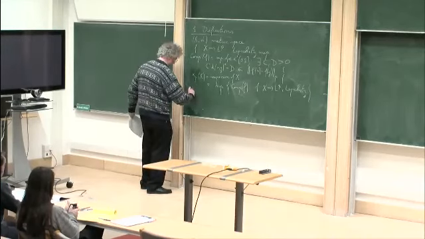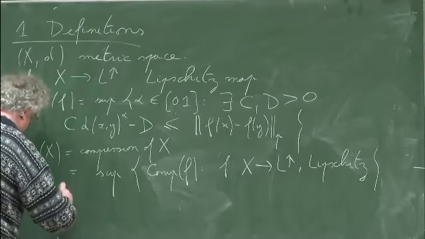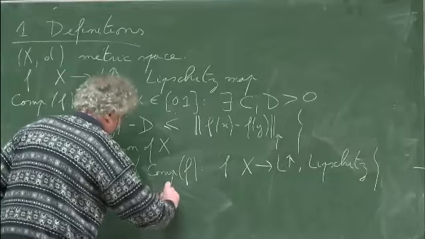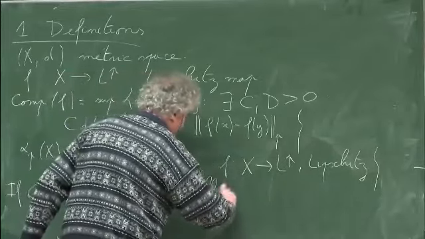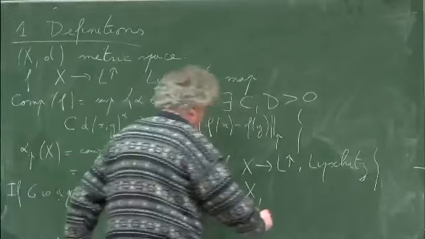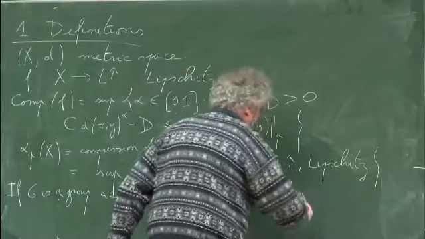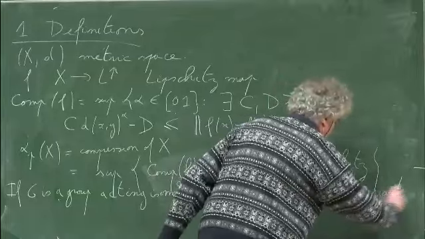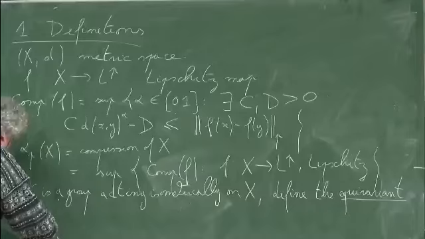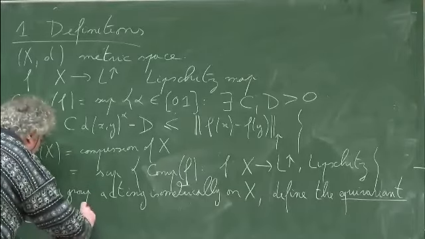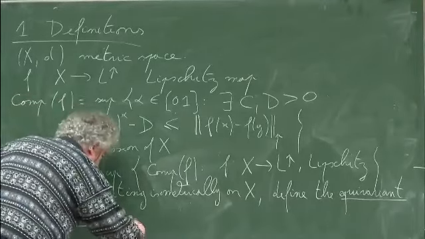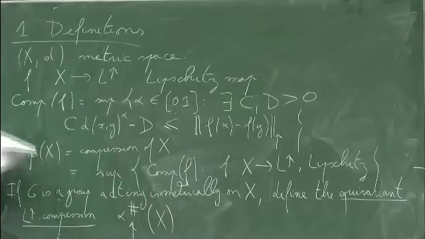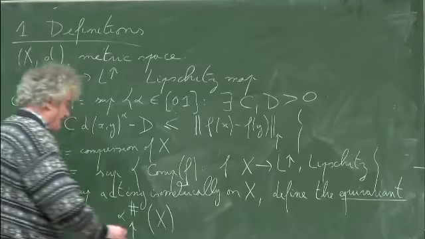So if G is a group acting isometrically on X, you define the equivariant L^p compression alpha_p sharp of X by restricting to equivariant embeddings into L^p.